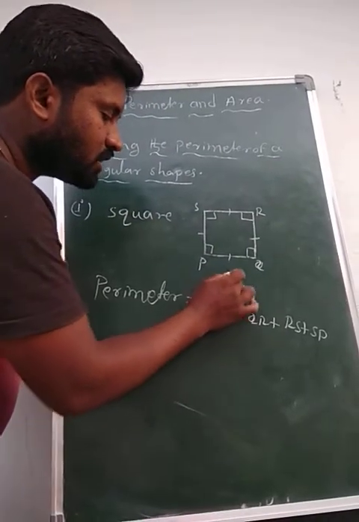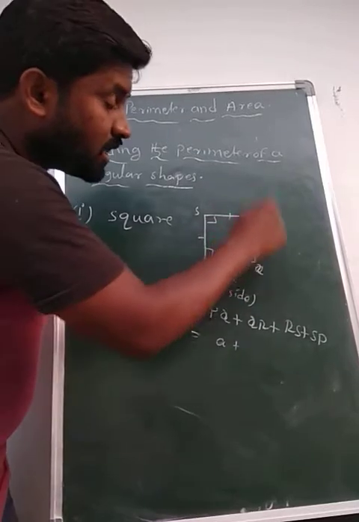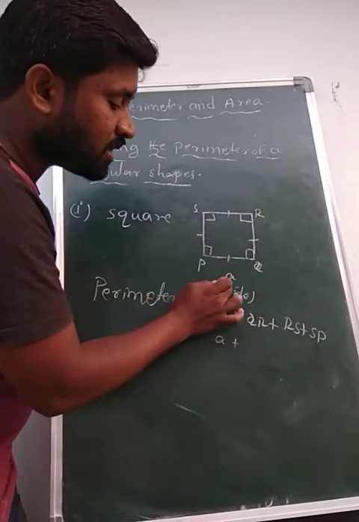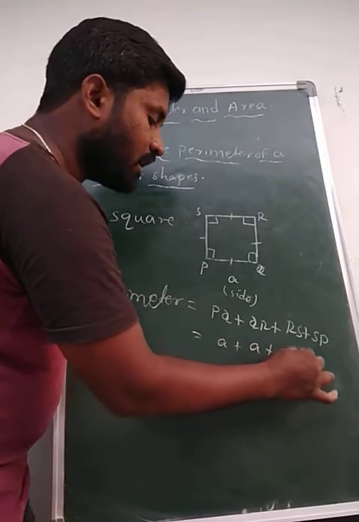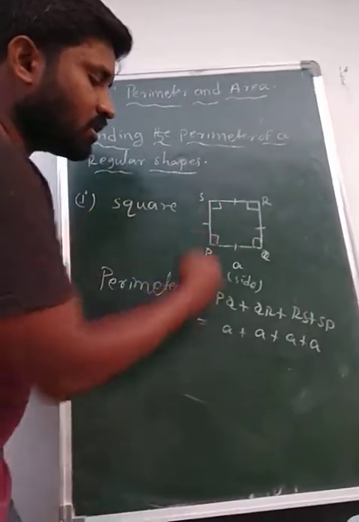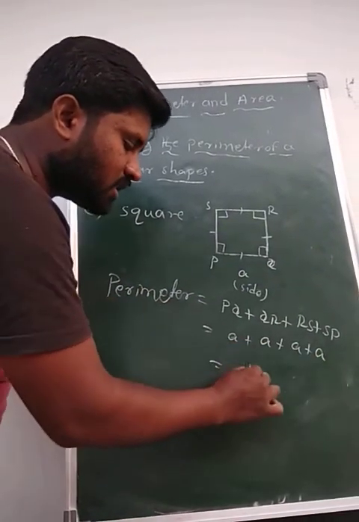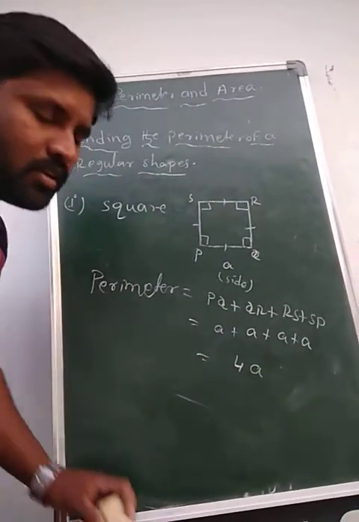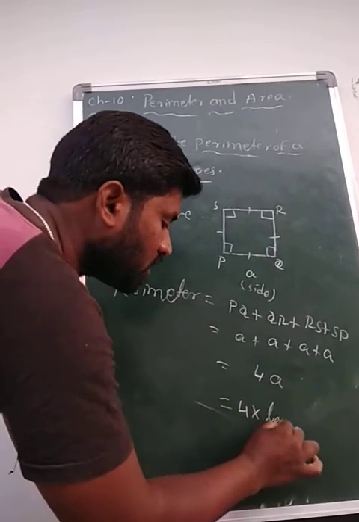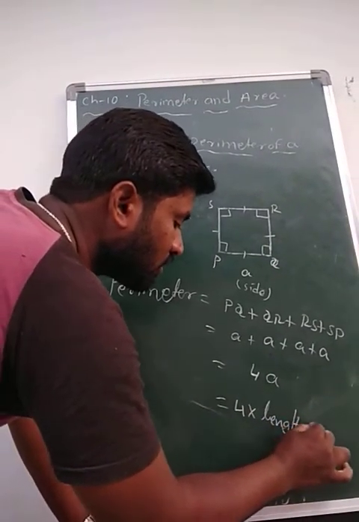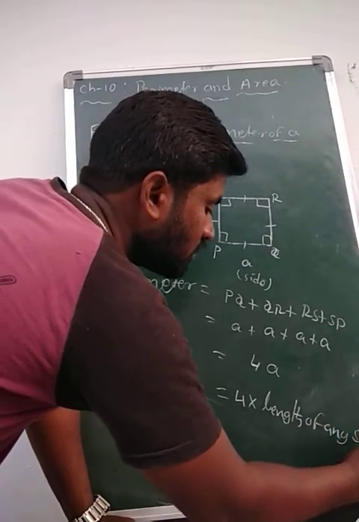PQ is A. Already I told you that all sides are equal. So if PQ is A, then the remaining sides also are A. All sides are equal, so A plus A plus A plus A. So 4 A's are there, that is 4A, which means 4 into the length of any side.